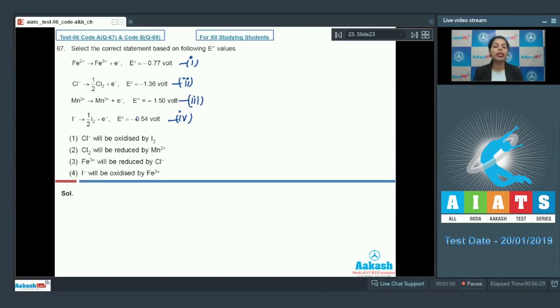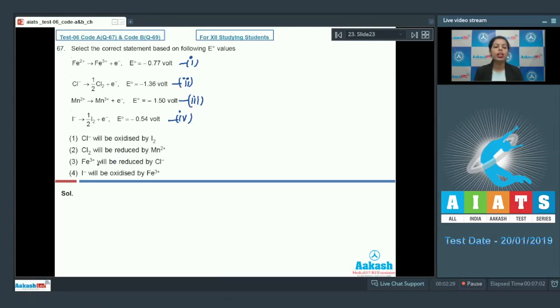We will compare their E0 cell value, and if E0 cell is more than 0, that is positive, then the process is feasible or spontaneous. Similarly, for the second option, Cl2 will be reduced by Mn2 plus, we compare the E0 values of the second and third reactions, and obtain the E0 cell. If that is positive, then this is a spontaneous reaction.